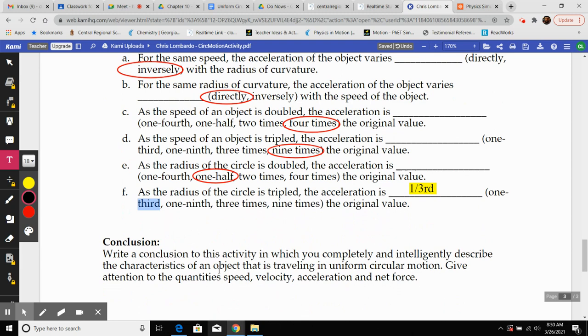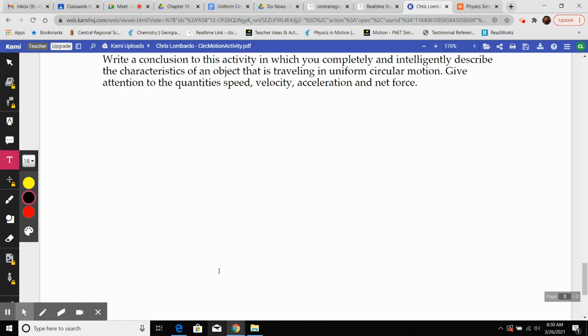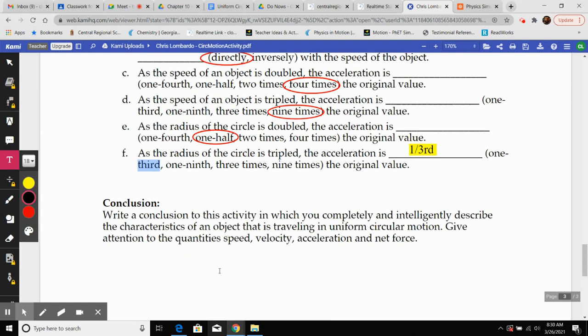Okay, so write a conclusion to this activity in which you completely describe the characteristics of an object that is traveling in uniform circular motion. Give attention to the quantities speed, velocity, acceleration, and net force. Specifically, let's look at acceleration.